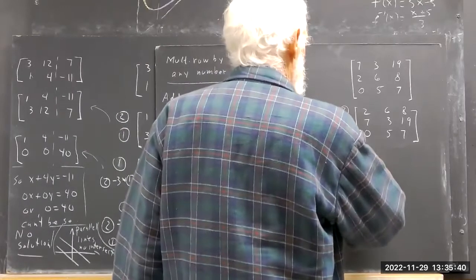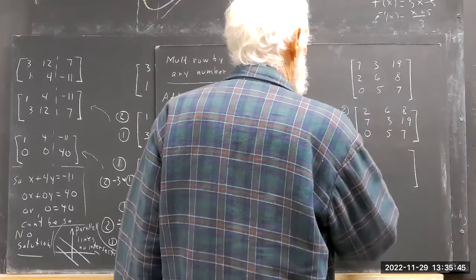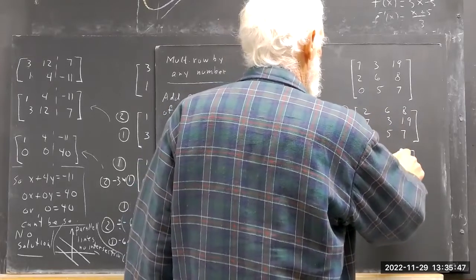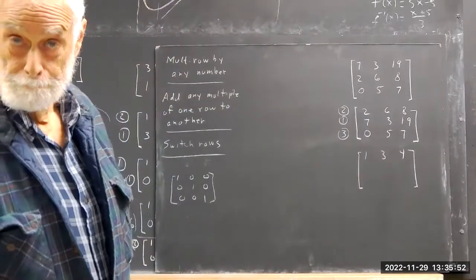Then what do I do? I divide this row by 2.